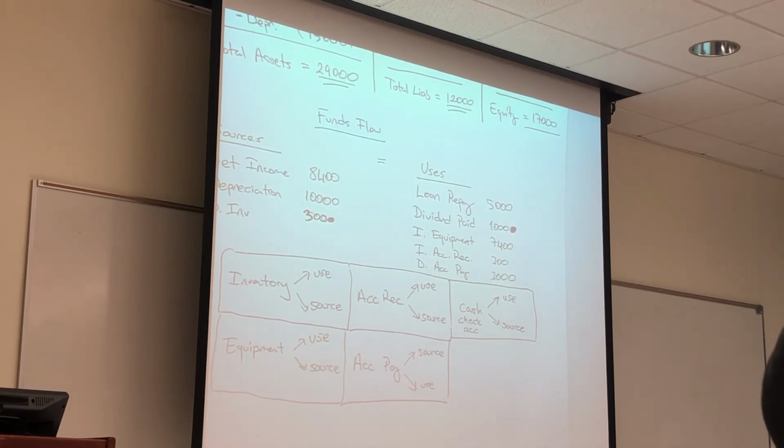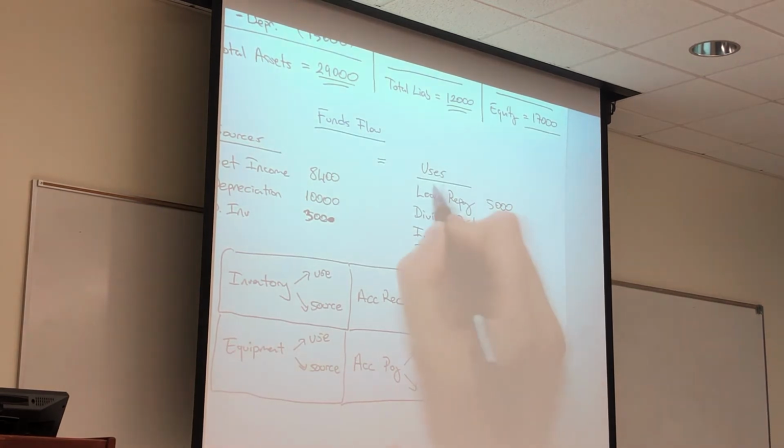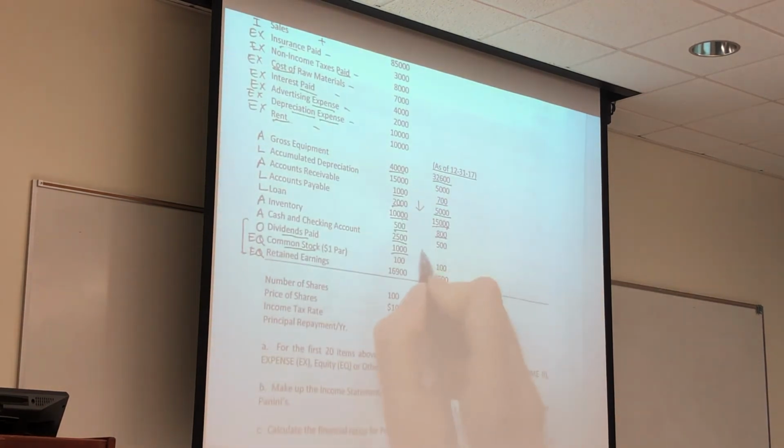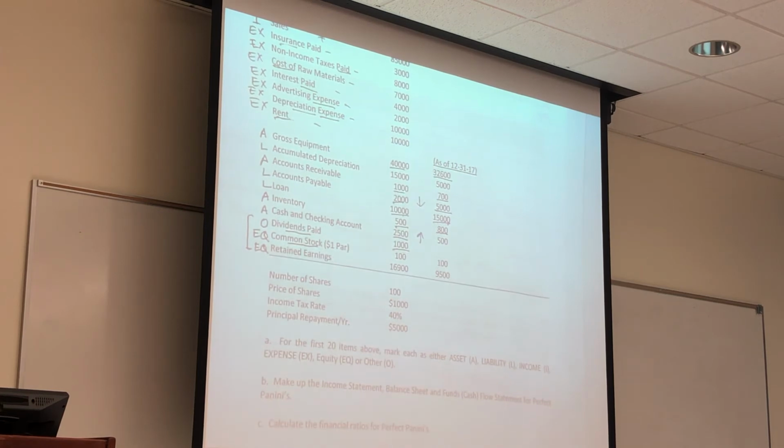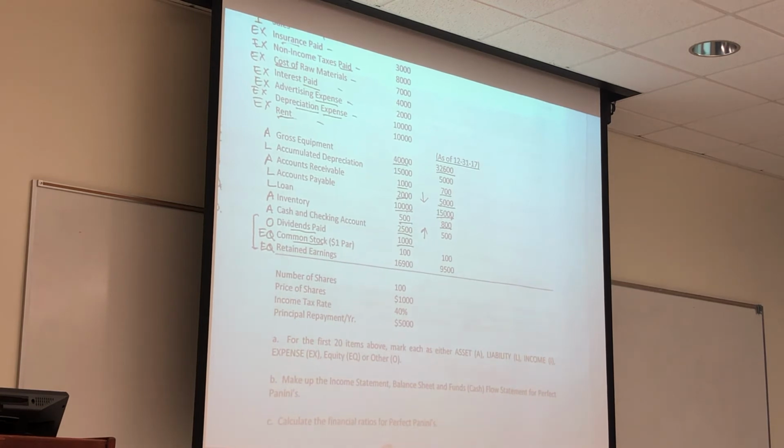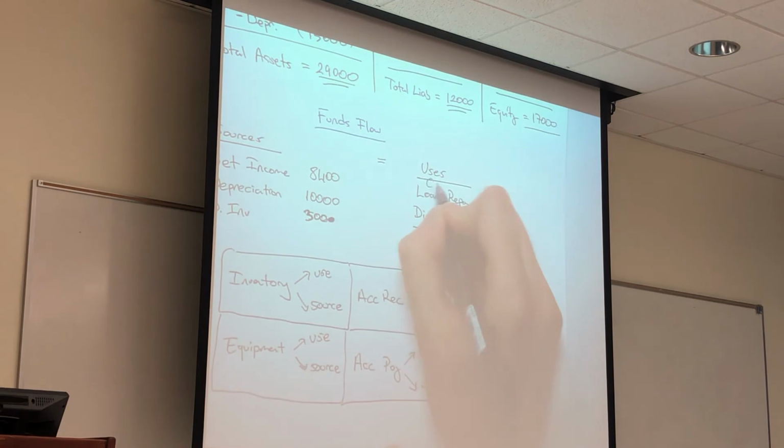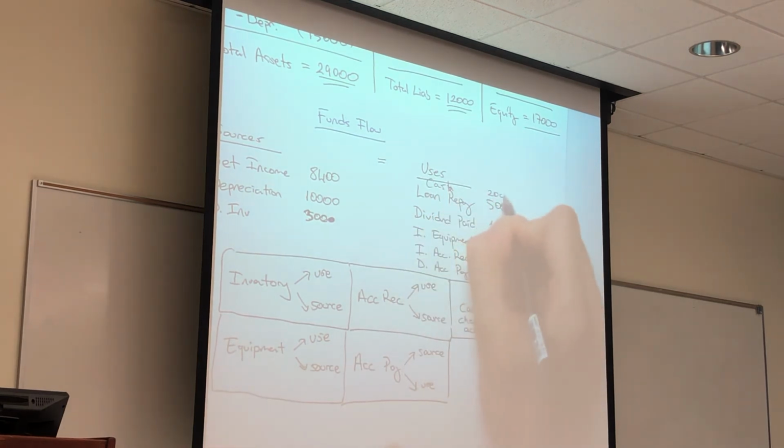I still have some problems with it. It's not very intuitive, but it's how it goes. Cash is, if it increases, it's a use of funds. If it's a decrease, it's a source of funds. I can't explain why. It doesn't make sense to me, but it's how it is, right? So we got the cash here. I'm sorry. But this is how it goes, and I can't do anything to change that. If it makes sense to you, that's pretty cool. So 500 to 2,000, that's gonna be cash of 2,000.